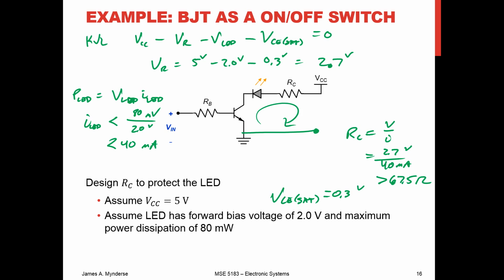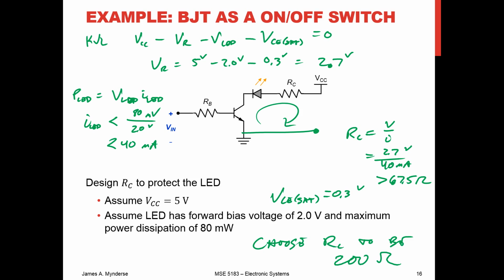And again, this is the absolute minimum to keep the power dissipation at 80 milliwatts. I probably want to go less than that so that I get a bright light without cooking it. So I might take it up to 200 ohms just to pick something relatively safe. So I'm going to say choose RC to be 200 ohms.